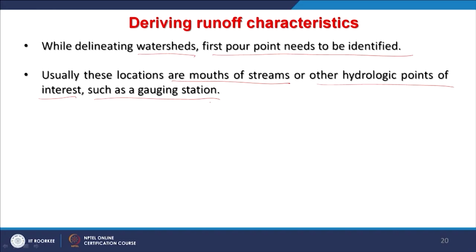At the beginning of this discussion, when we discussed the terms we are going to use about watershed, we already covered this part. And in surface hydrologic modeling, once the pour point has been identified, the system will automatically delineate the watershed. Of course, the stream network and other things will also be done.